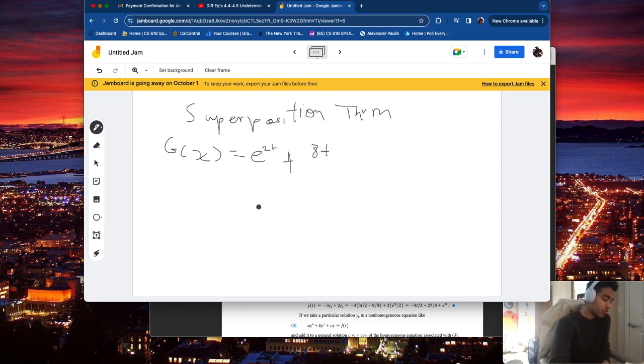Basically the superposition theorem states that you can divide these. You can find the particular solution for e^(2t), and you can find the particular solution for 8t, and then add them together.